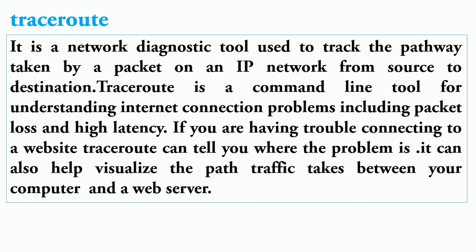It is a command line tool, so it will check all the internet connection problems when you are transferring data. Is there any data packet loss? Is there any high latency point? If there is any problem in connecting to a website, it will show you the trace route, where it is complete and where the problem is occurring. It will help you in visualizing the path as well.